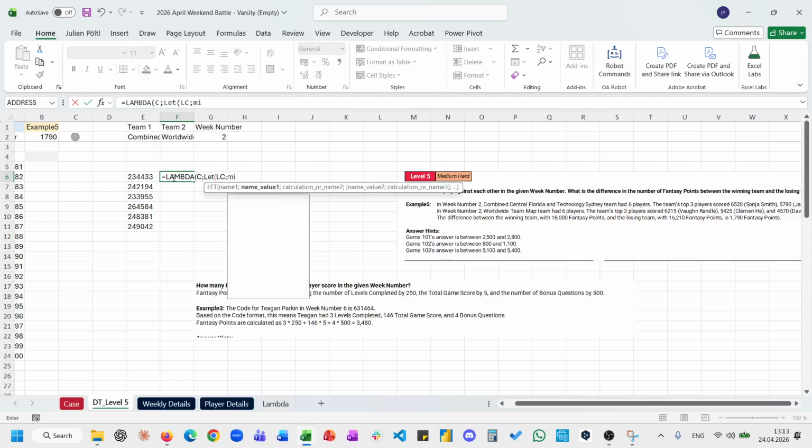LC level completed is MID of C, start number 2, characters 1.